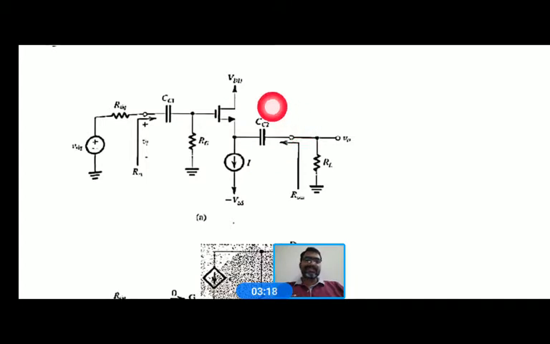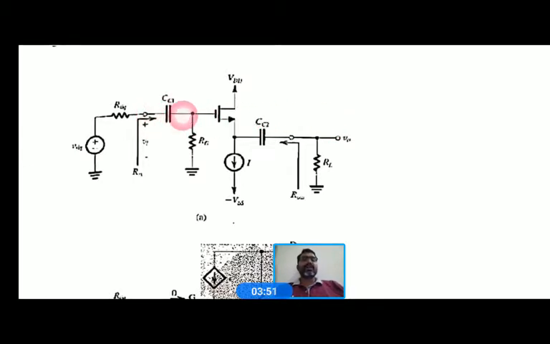You can see in this circuit, as in the previous amplifiers where we used constant current source biasing, here also we are using constant current source biasing. You can see the DC current source I, and applied minus VSS and VDD at the source and drain respectively.